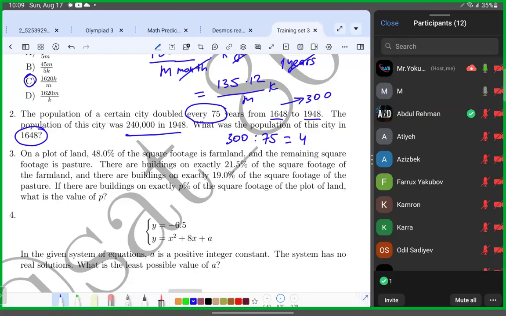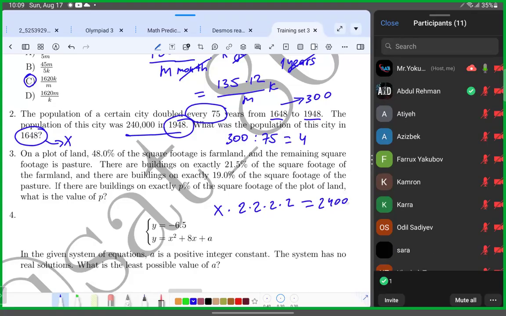it doubles. It means, let's say in this year the population was x, times 4 doublings, like 2, 2, 2 and 2. It's equal to the number at this year. After this we can easily calculate the value of x.